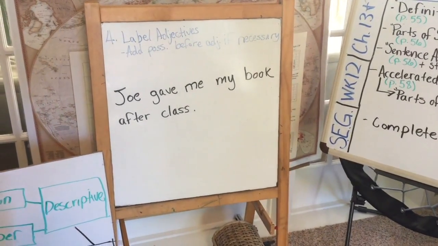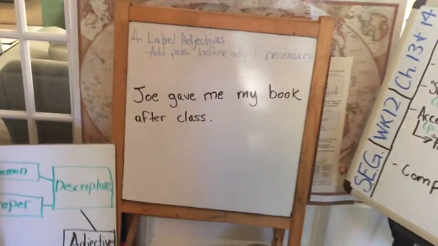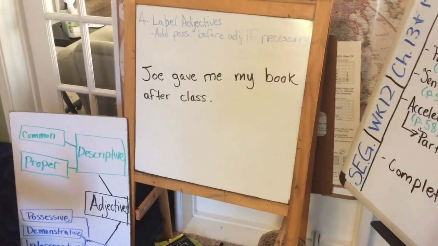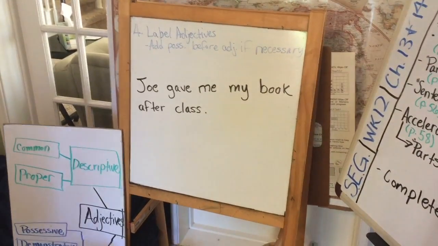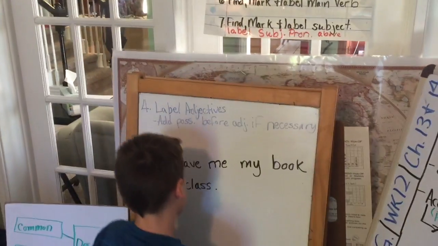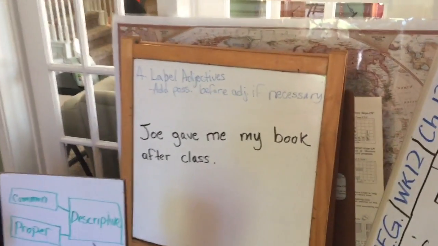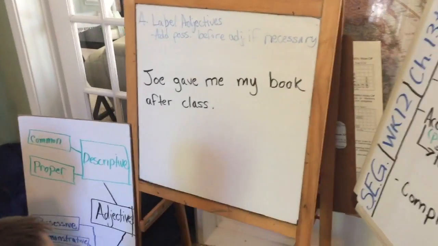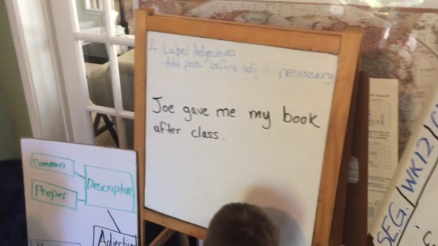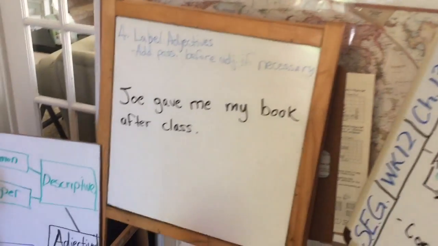So, Joe, can you come analyze this sentence for me? And read through the sentence analysis steps, step by step. Number 1. Read the whole sentence. Joe gave me my book after class. Check for 2's. There are none.